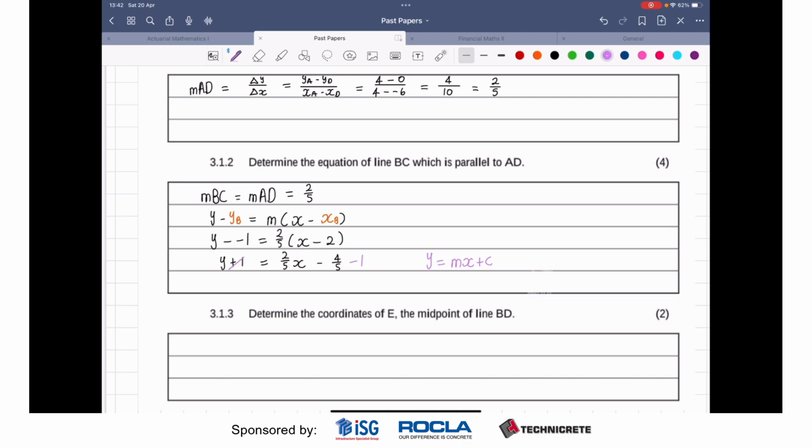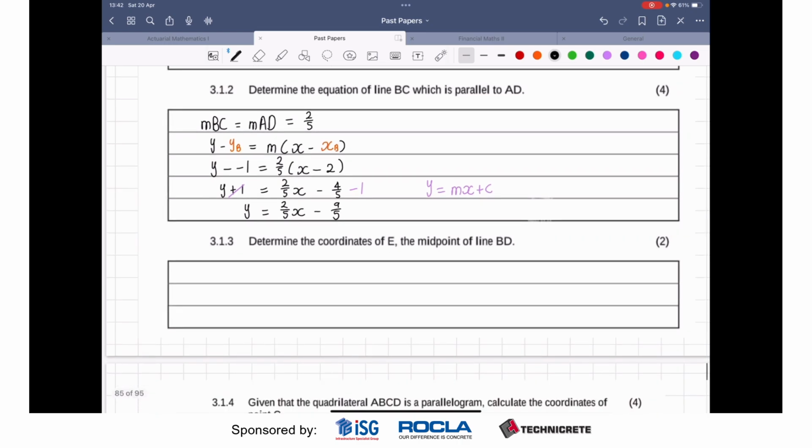And I know that minus 4 over 5 minus 1 is minus 9 over 5. So my equation of the line is y equals 2 over 5 x minus 9 over 5.